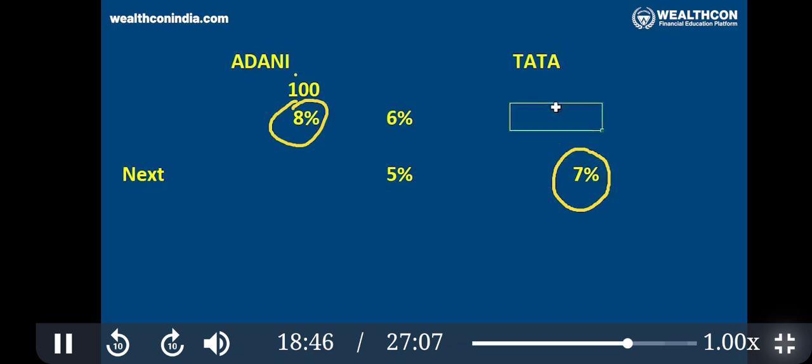Since the market rate is 7% as of now for a similar bond, and Adani is giving 8%, people will start rushing to this and the bond price will go up. So it may go up to 102. Now the calculation we'll discuss later on, I'm just giving a rough idea. Now the bond price becomes 102 and it is giving 8%. Now this Tata is 100 rupees price and giving 10%.